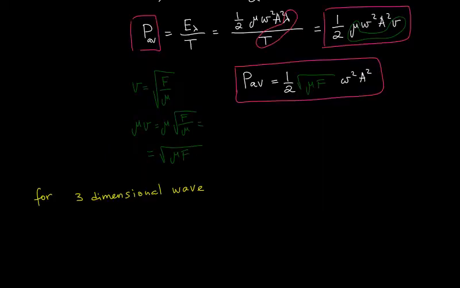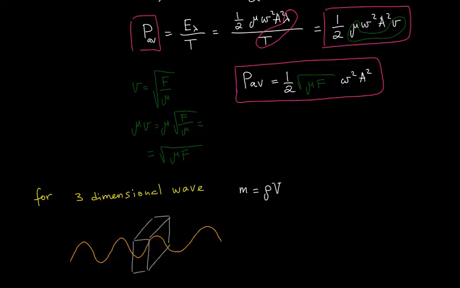For three-dimensional waves traveling in an elastic medium, the mass m equals the density of the medium times the volume of that particular small slice of the medium.